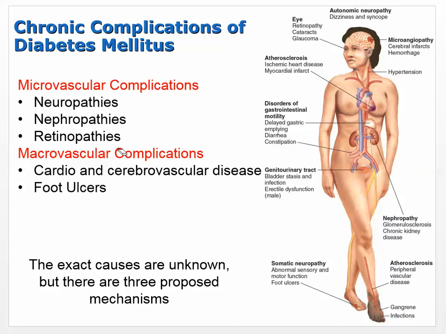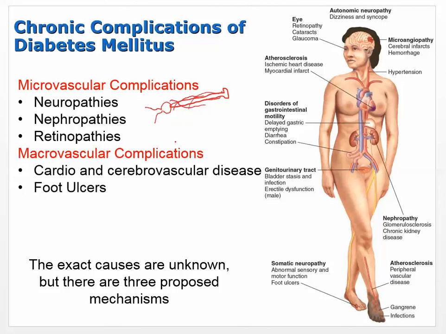So we have microvascular. We remember that neurons also have a blood supply, because they're very dependent on ion concentration. So they have little vessels around them, tiny little vessels supplying them with blood.